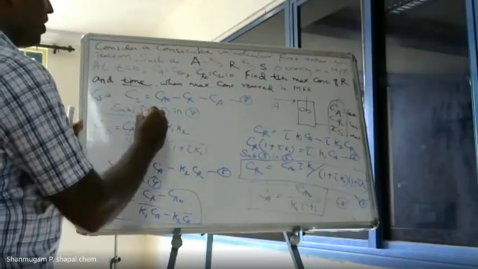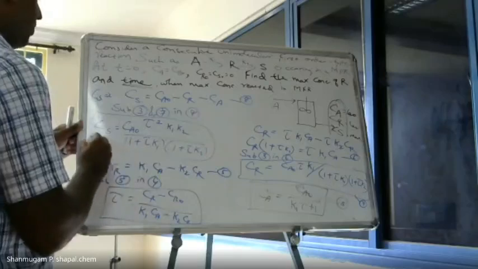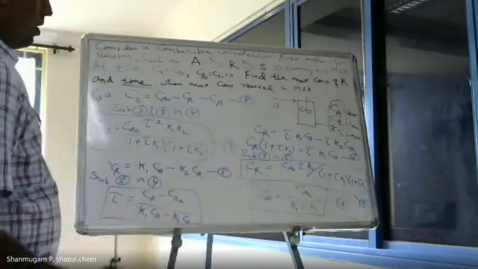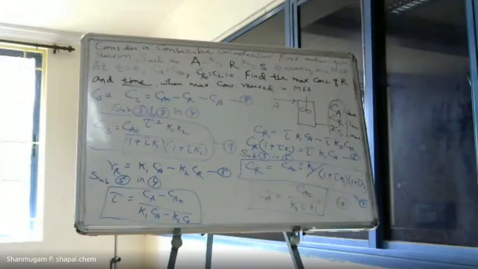So this is the CS. Now we found all CS, CR and CA.